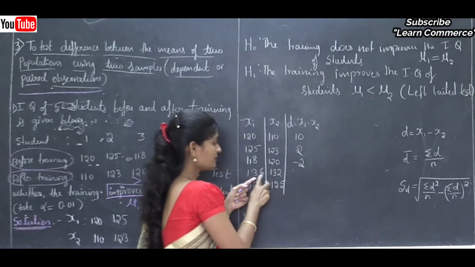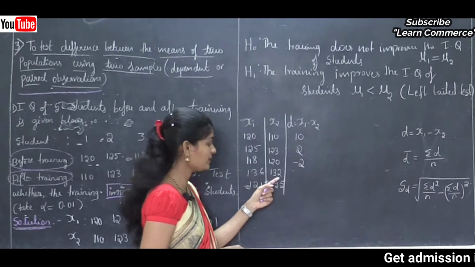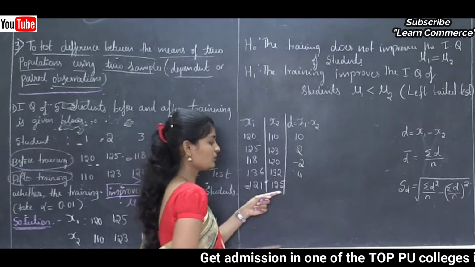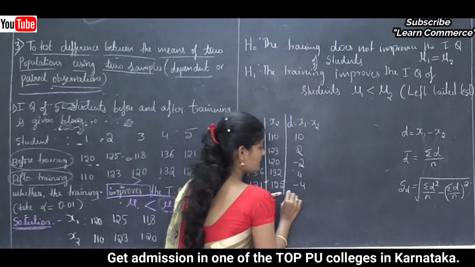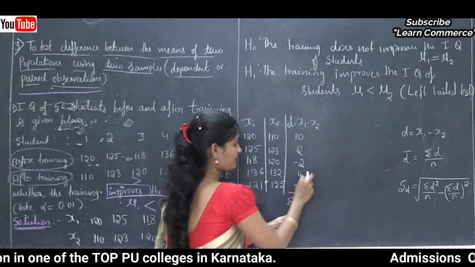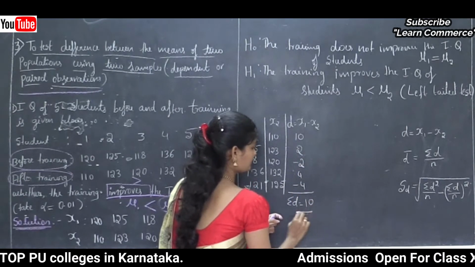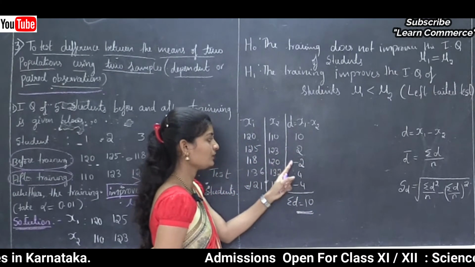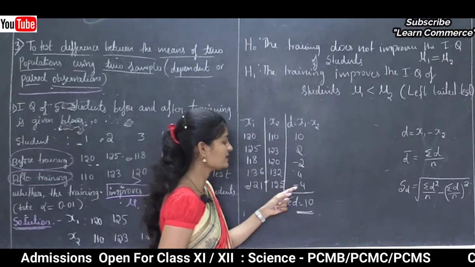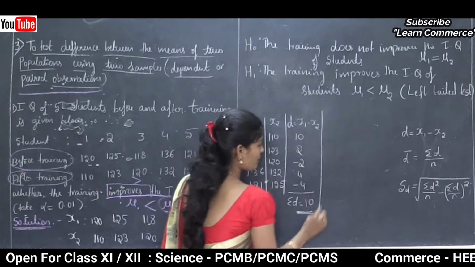Here 136 minus 132 is 4. And here 121 minus 125 is minus 4. Then the sum of D: 10 plus 2 is 12, 12 minus 2 is 10, 10 plus 4 is 14 and 14 minus 4 is 10. So here sum of D is 10.